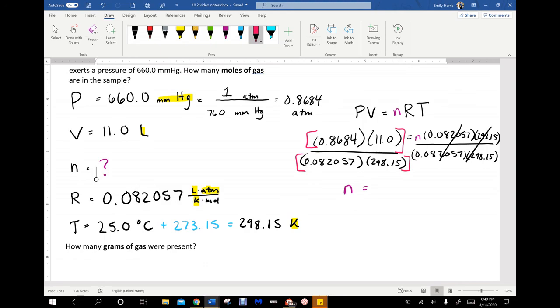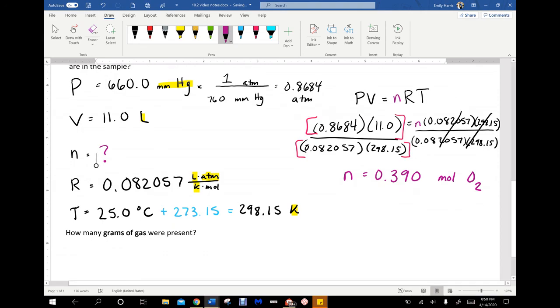Then hit your divided by key and open up a parentheses and do 0.082057 times 298.15. And again, make sure your calculator comes out with the right answer of 0.390 moles. And in this case, this gas is oxygen, so it's specifically moles of oxygen.